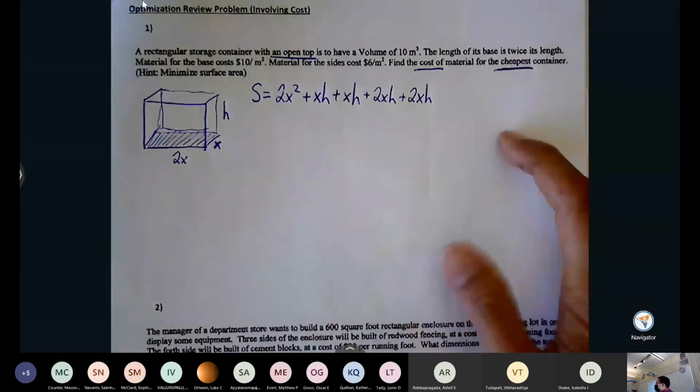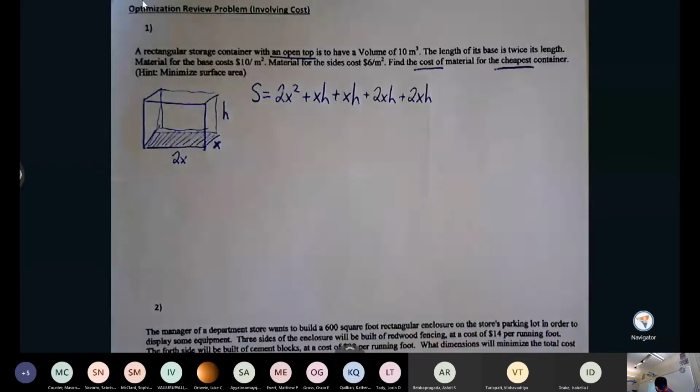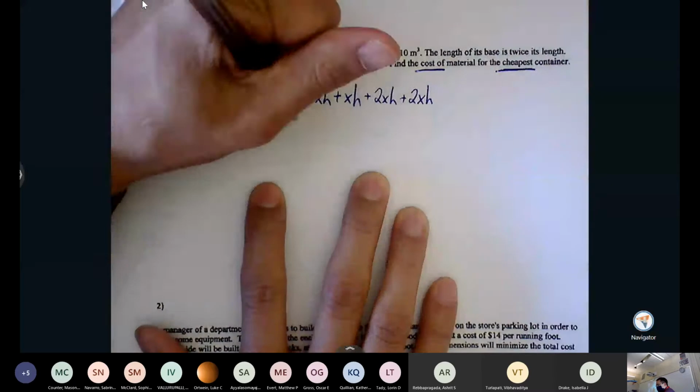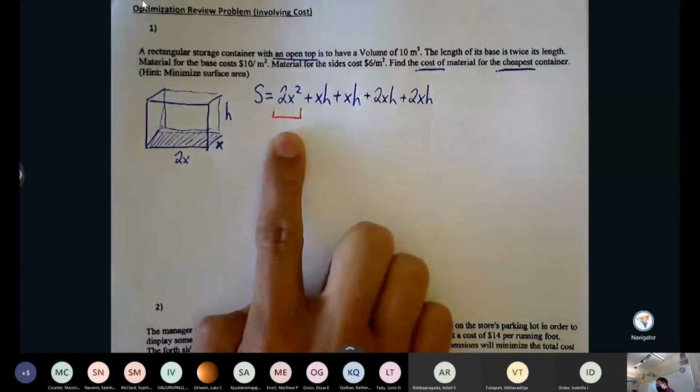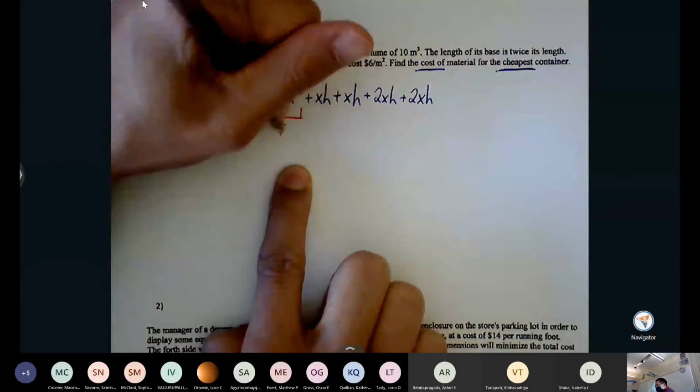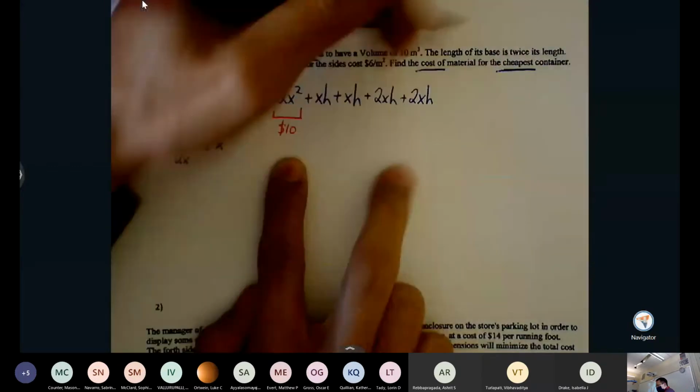Good. Any other questions so far? Now, there's cost associated with each of the sides or the material that we've identified, or the dimensions that we've identified. So we know the base is going to be the more expensive one, right? This is the material that is going to cost $10 per square meter. So I'll put a 10 there. Now the vertical sides are a little cheaper.